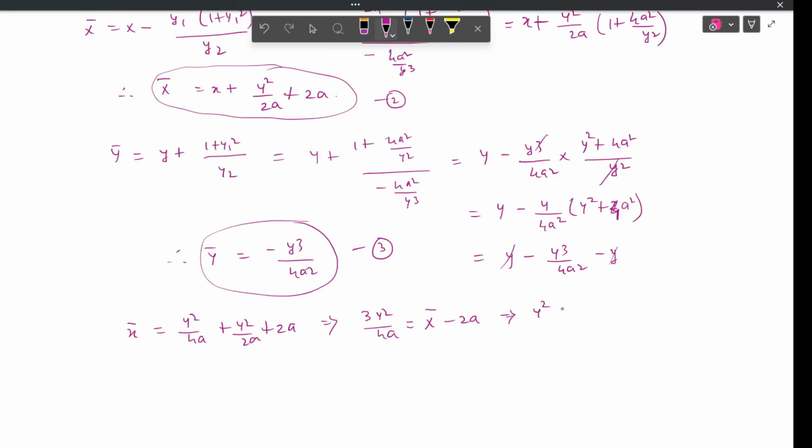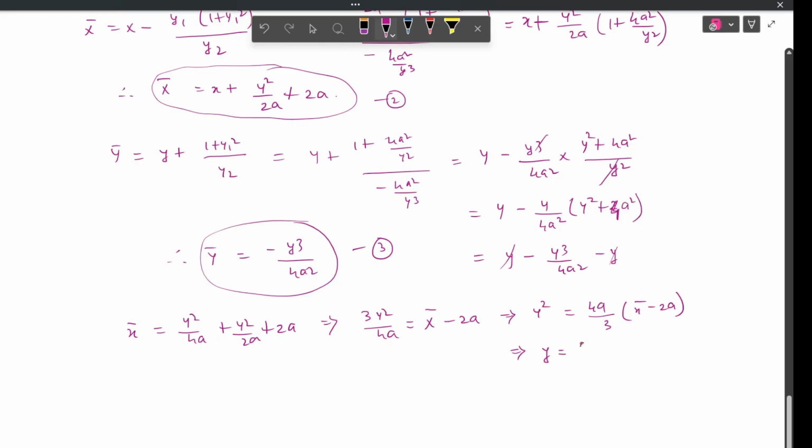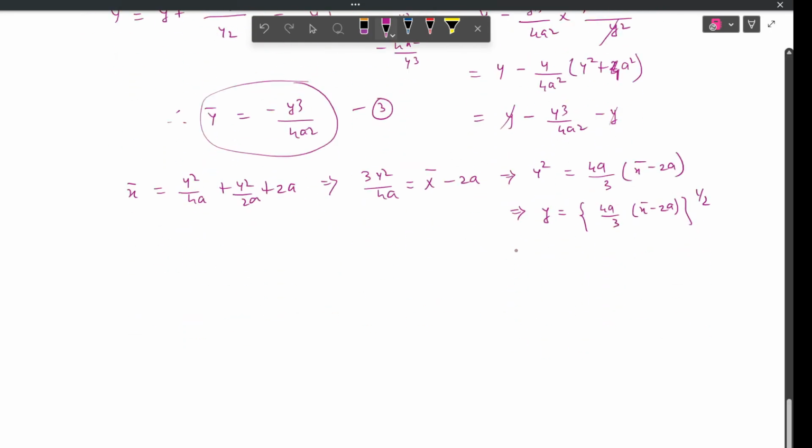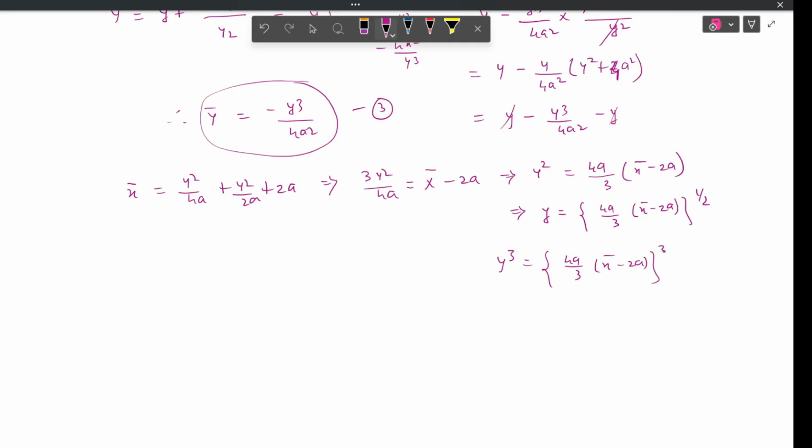So this y square would be 4a by 3 into x bar minus 2a. So this y would be 4a by 3 x bar minus 2a to the power half. So y cube would be 4a by 3 x bar minus 2a to the power 3 by 2.